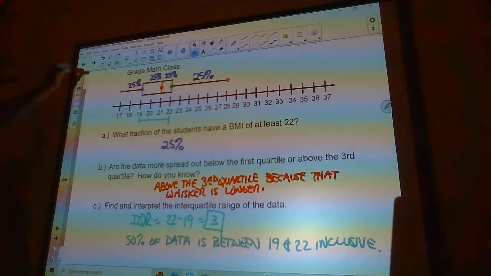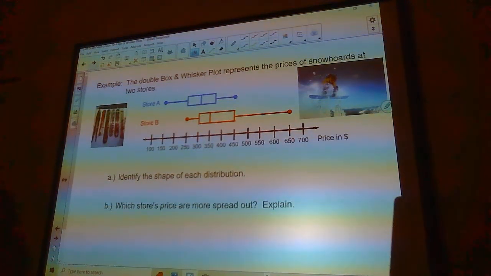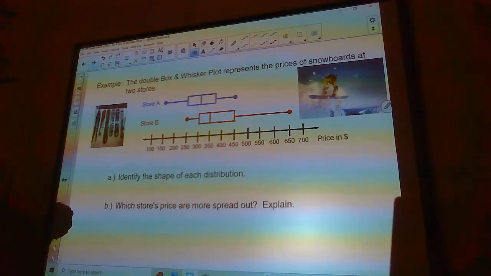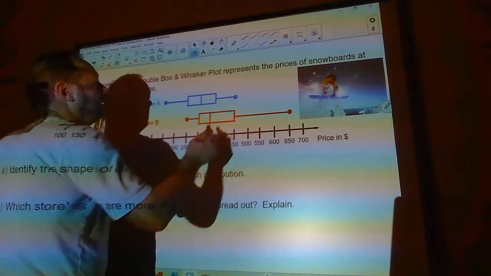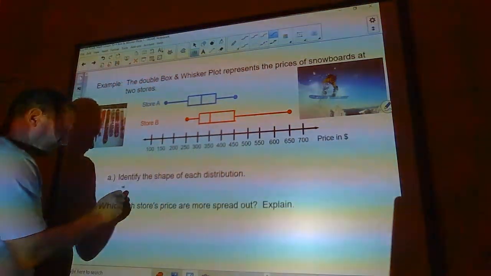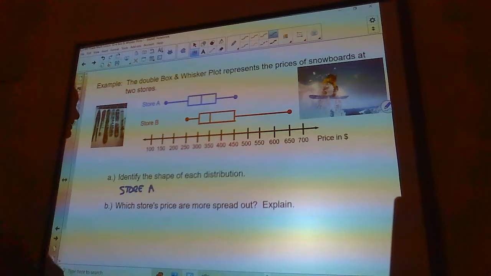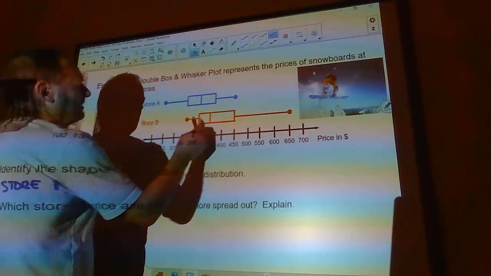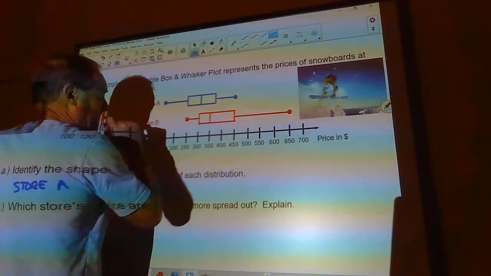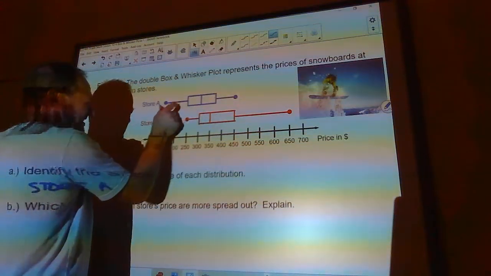Alrighty. So here we have a double box and whisker plot representing the prices of snowboards at 2 stores. Identify the shape of each distribution. Okay, so if I look at store A, the shape is pretty symmetric. I mean, this and this are about the same. So is this. This is a little bit longer.